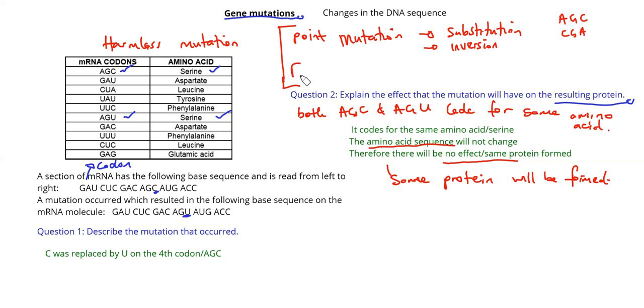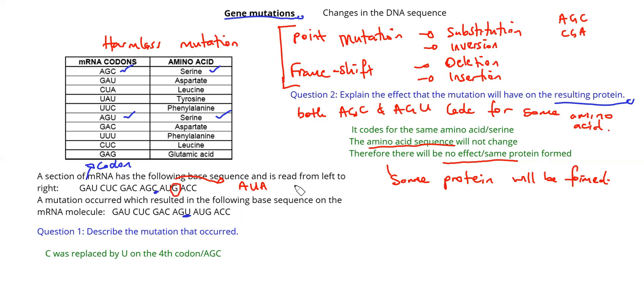What about frame shift mutation? The ones that cause a frame shift are deletion and addition, insertion. If you delete any base there, let's say we delete a G, it means that we are going to have A, U, A, because the A will go there.